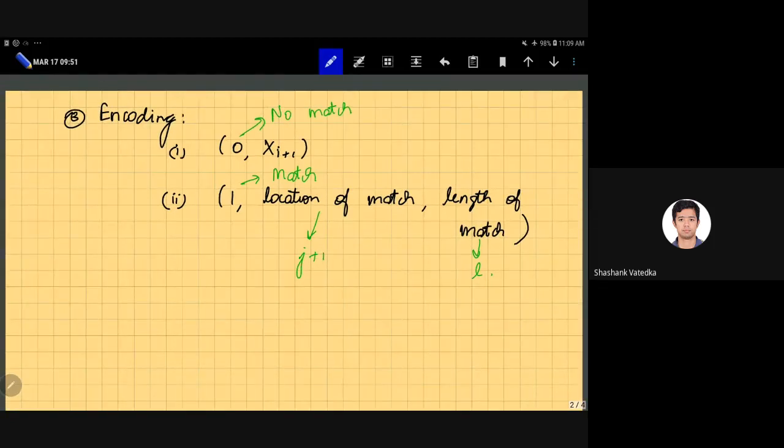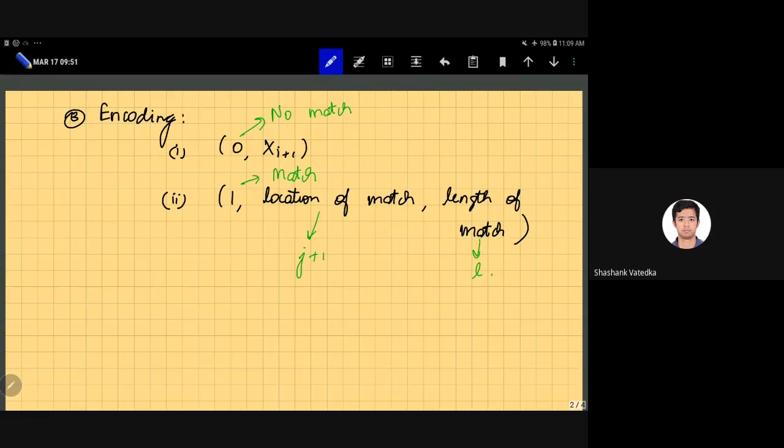This information is enough to reconstruct the current phrase. If there is a match, then the first bit is 0, indicating a match. And then you need two things in order to recover the phrase: the location of the match and the length of the match.